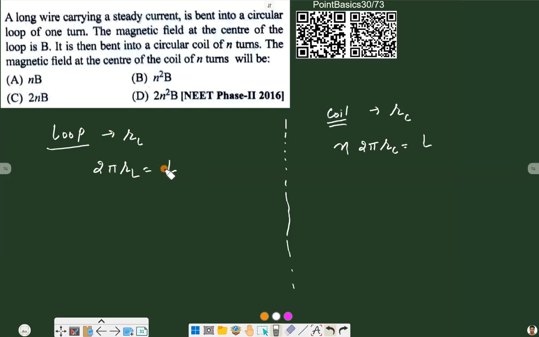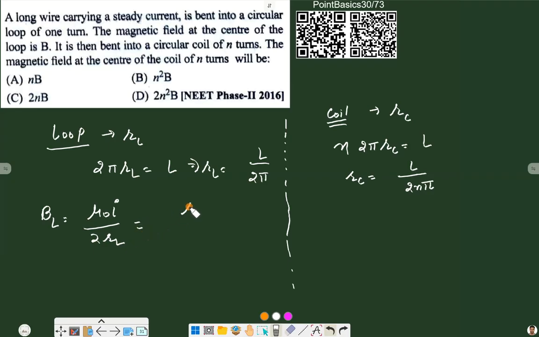So from this we can say R_L is equal to L by 2 pi, and from here the radius of the coil is equal to L by 2n pi. Now the magnetic field due to the loop will be mu naught I by twice the radius of the loop, that is mu naught I by 2L by 2 pi. Here the 2 gets cancelled, so it is mu naught I pi by L.